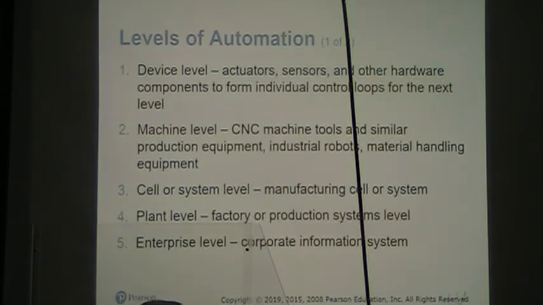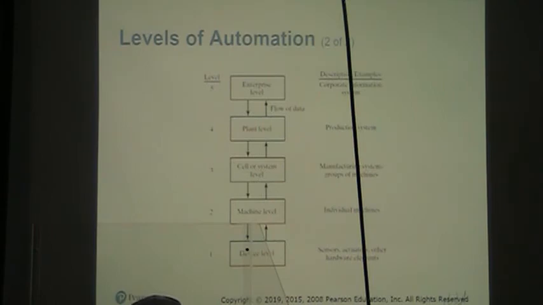How are we able to adjust and control using that information? All right, so you can see they've got it as a 5-level idea of automation, right? And again, all this does is provide us a diagram of what these various levels look like, and how the information flows back and forth.